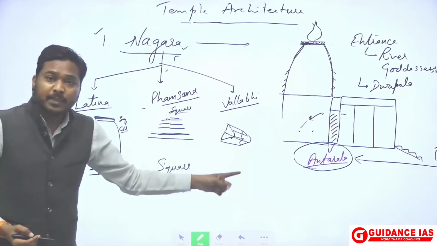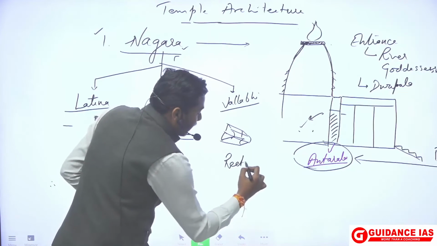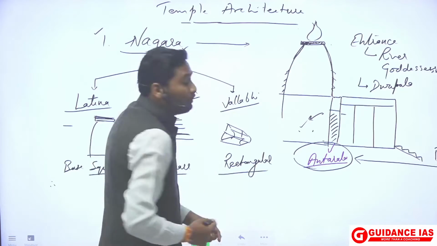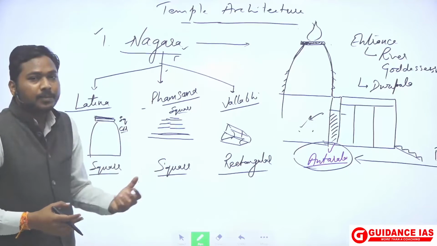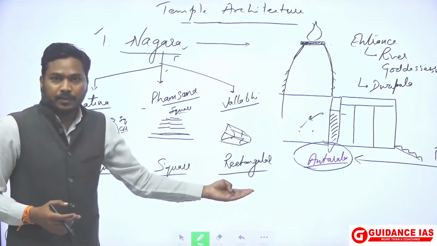But in Wallaby style, the base has to be rectangular. It will be a rectangular base only. Clear? So that is the basic difference between Latina style, Famsana style and Wallaby style.